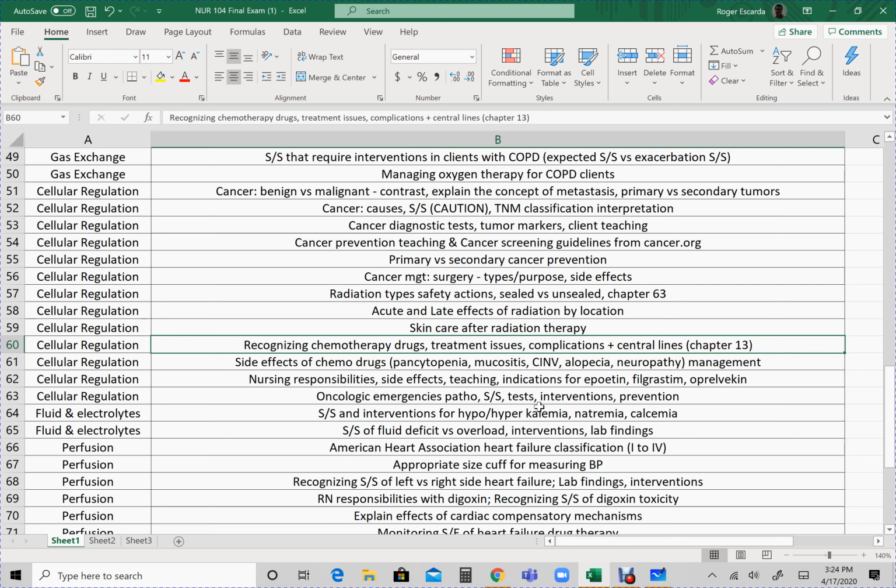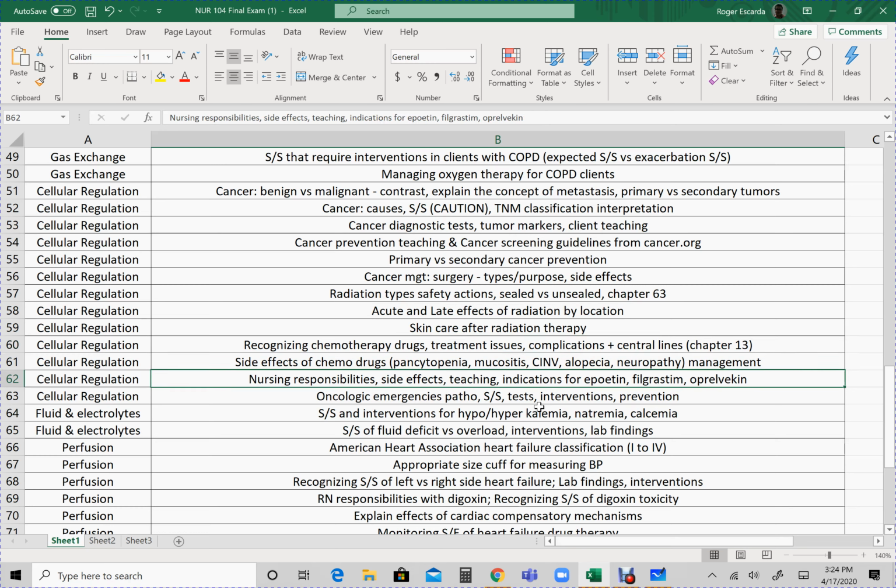So I told you in class you need to review signs and symptoms of extravasation, which is your most serious complication during infusion. And that takes us also to, because most patients receive it via central line, I told you to read table 13-3, which is where your exacerbation signs and symptoms and nursing responsibilities are, or nursing actions are.